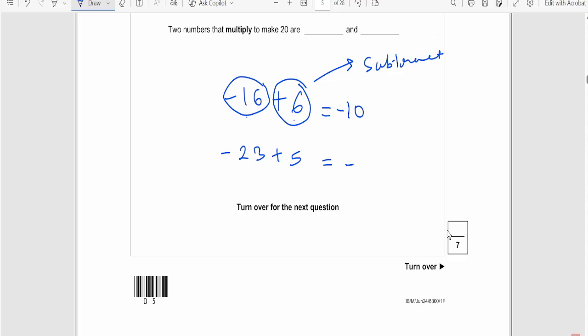Try that again. Is it minus 18? Very good, that's correct, it is minus 18.